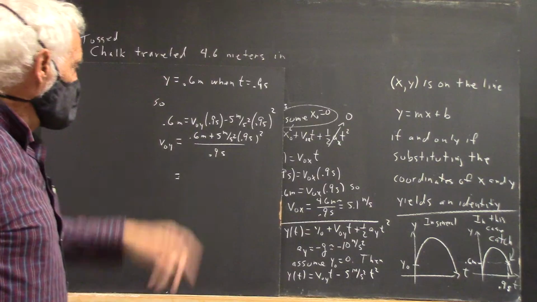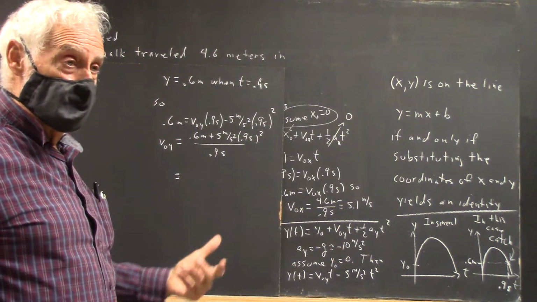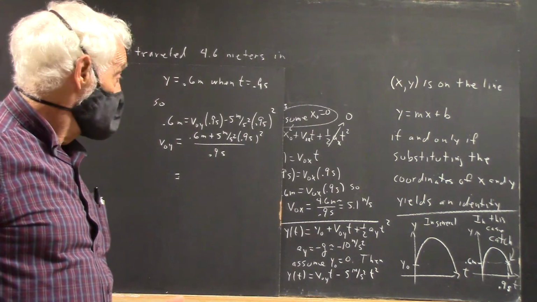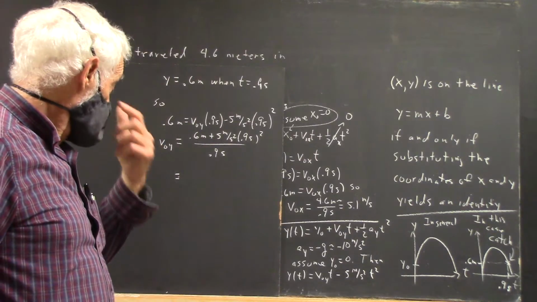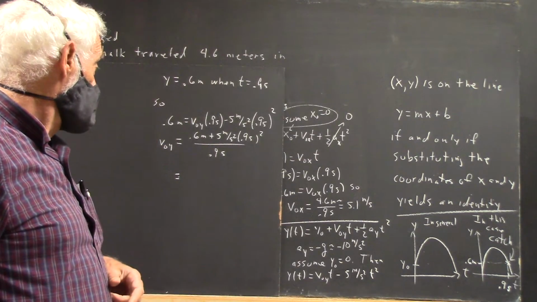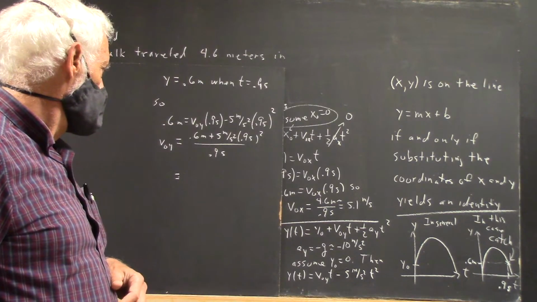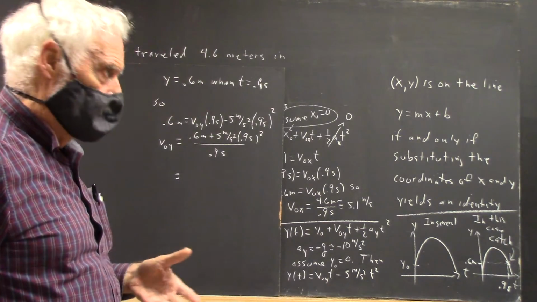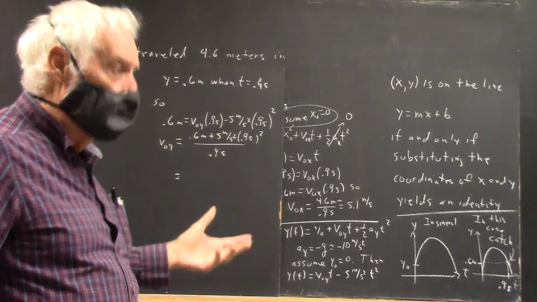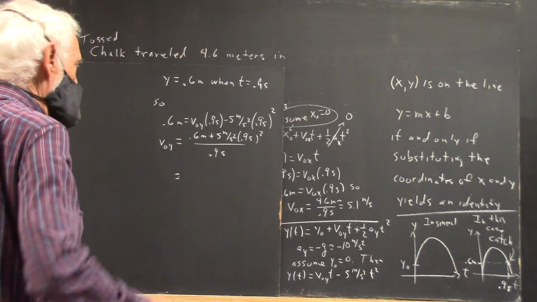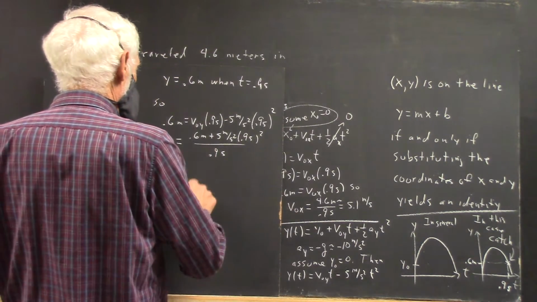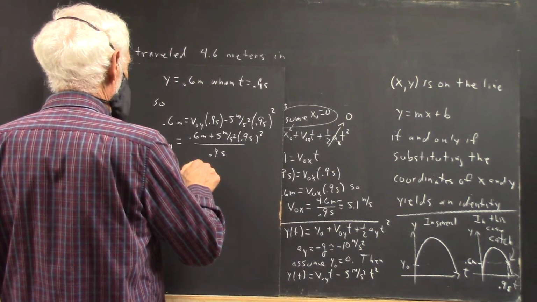When you square 0.9 seconds, you get 0.81 seconds squared. You multiply that by 5, you get 4.05 meters, so we're just going to call that 4 meters. So you get, that's weird.